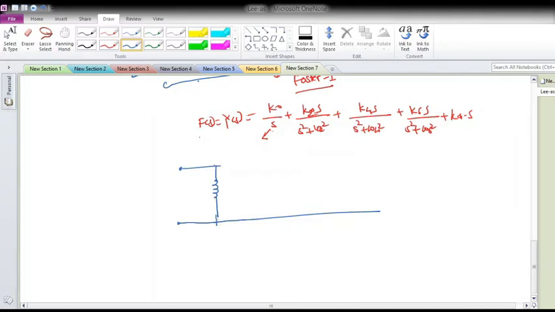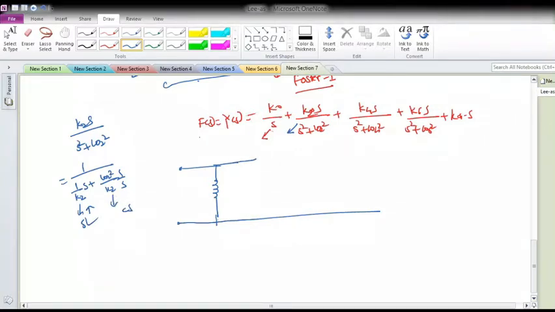And here the admittance K2S/(S² + ω2²) will be in series, so you convert it into impedance, so it will become 1/K2 into S plus ω2²/K2 into 1/S. So this is basically impedance, so it is SL, that is inductor, and this is capacitor. So both will be in series form, L and C.